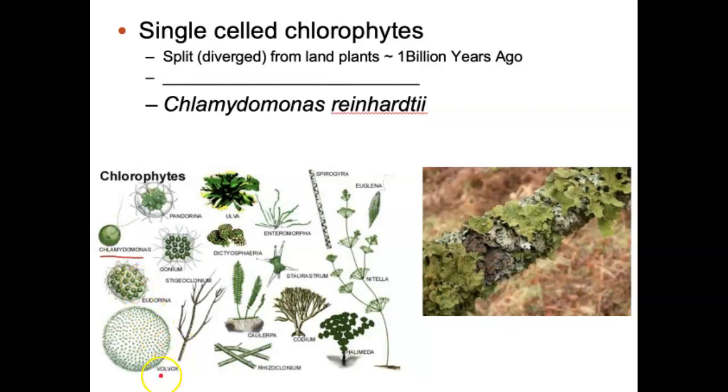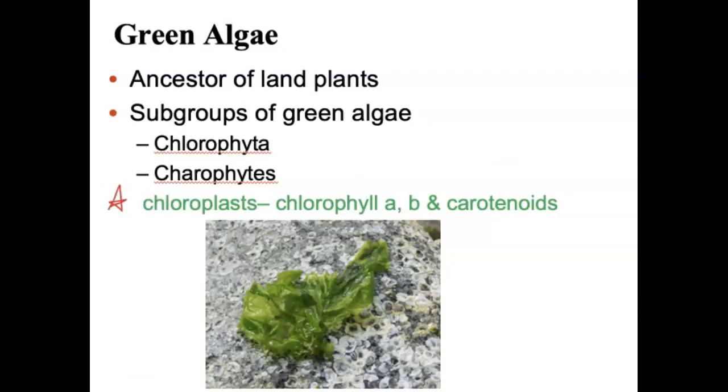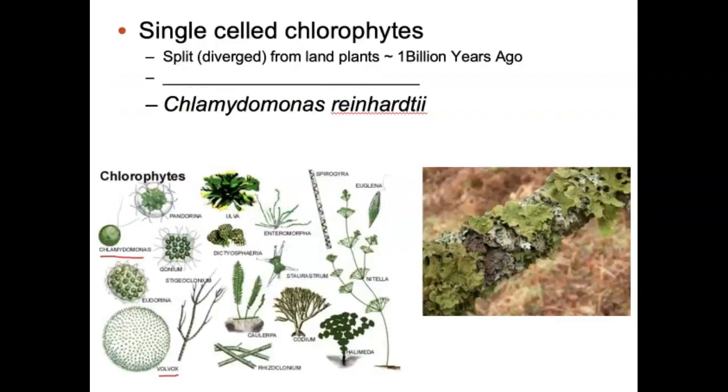Volvox is another type of chlorophyte, but the difference here with Volvox is that Volvox is colonial. So all the different green algae, the chlorophytes here, aggregate together to form a big ball, but they still kind of work on their own. Ulva, that's actually the picture right there. That's a type of multicellular green algae.